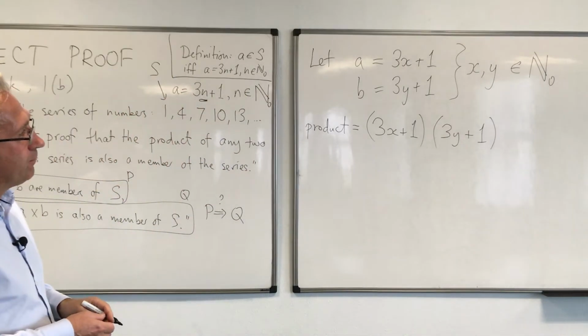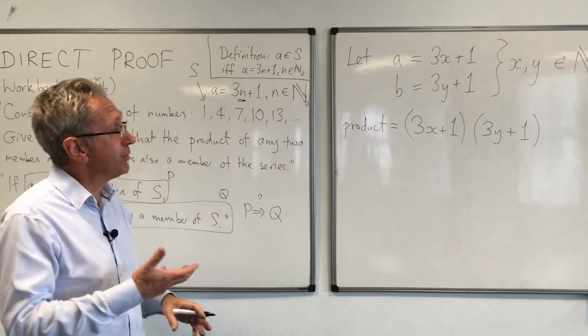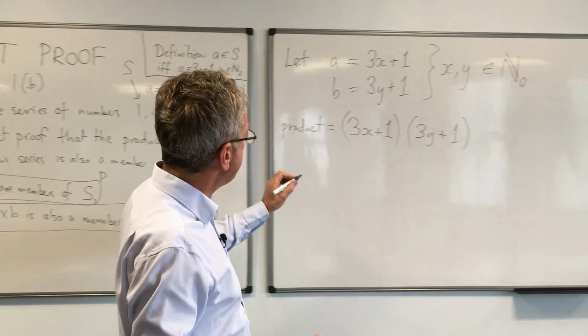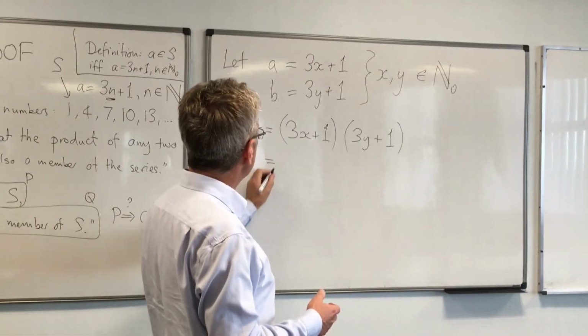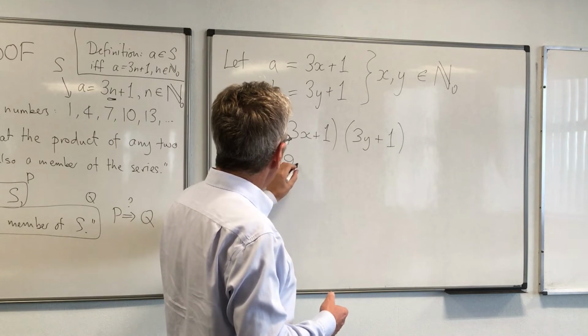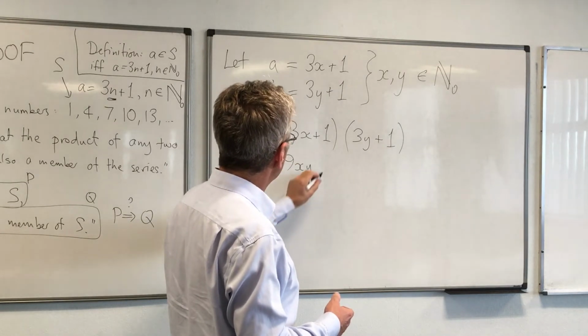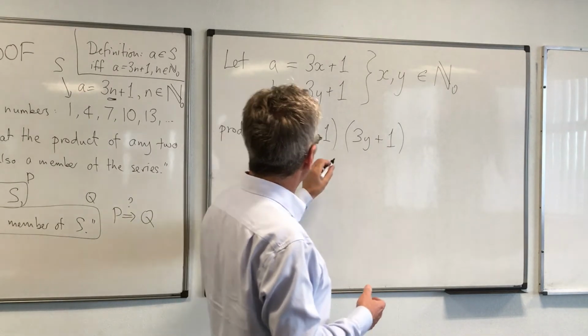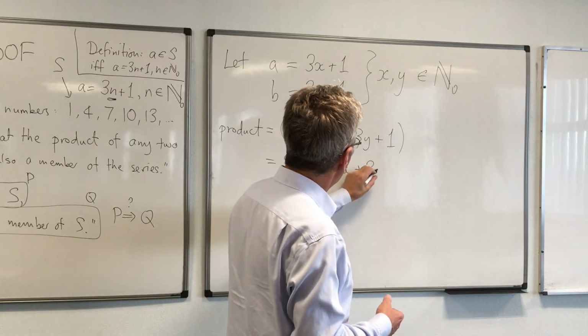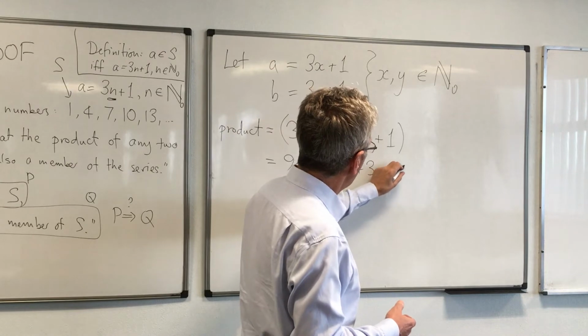How can we do that? Well, if you remember the x squared proof that I showed you, what we did next was we multiplied out the bracket. We can do that here too. So it's going to be 9xy plus 3x plus 3y plus 1.